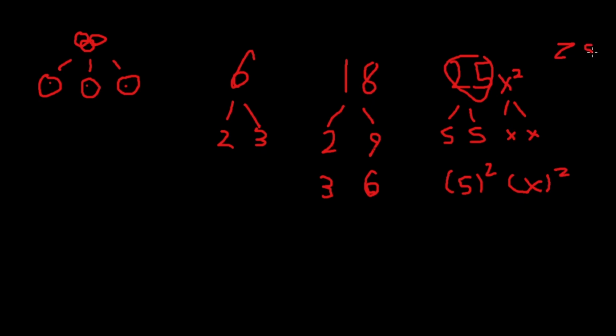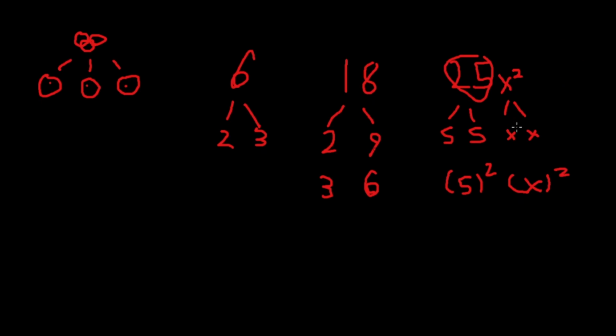However, if it was 25x squared, that would be completely different. That would be 25 times 25, 625x squared. I'm not going to write that out, but you get the point.